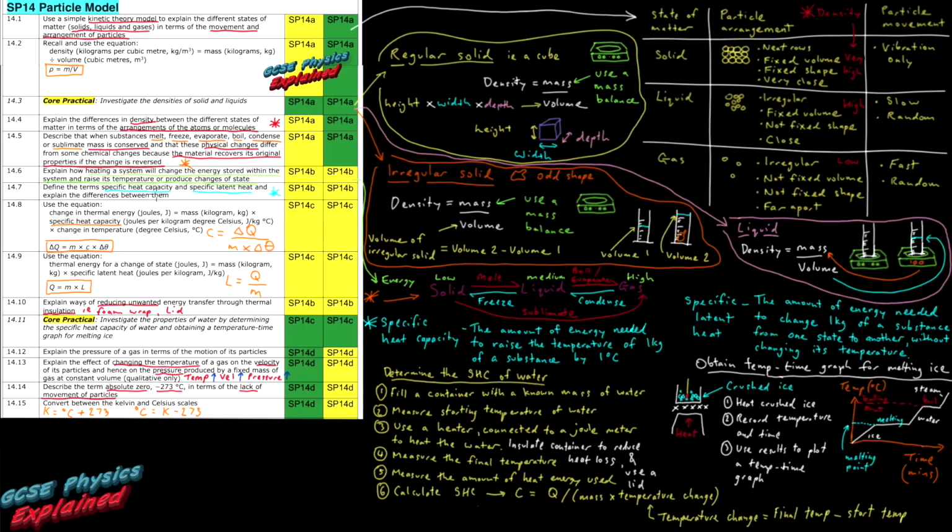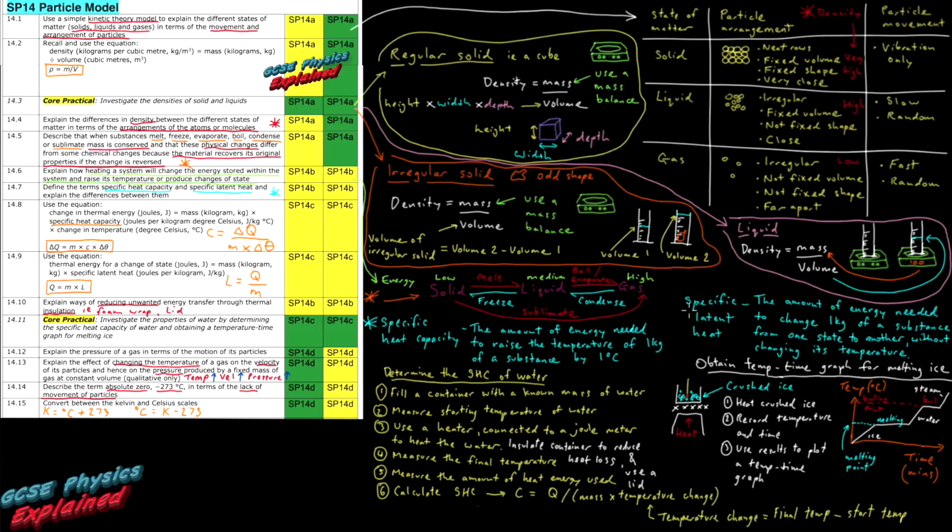Define the terms specific heat capacity and specific latent heat and explain the difference between them. So remember, it's only worth 1 mark. Well, specific heat capacity is the amount of energy needed to raise the temperature of 1 kilogram of a substance by 1 degree C. Specific latent heat, for 1 mark in an exam, it's the amount of energy needed to change 1 kilogram of a substance from one state to another without changing its temperature.